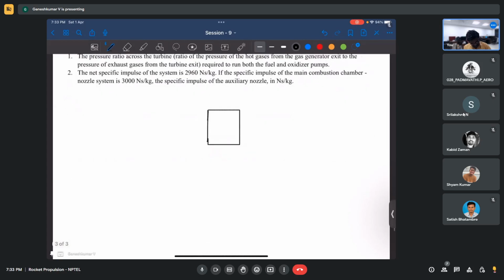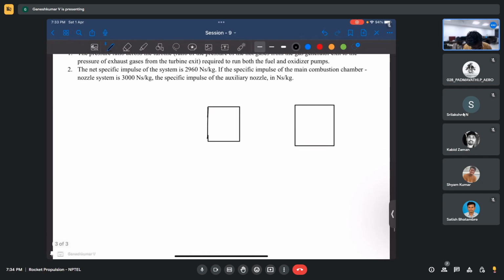All right, so now we have a gas generator cycle. There is this fuel tank and this oxidizer tank. These are tanks. And what comes next?